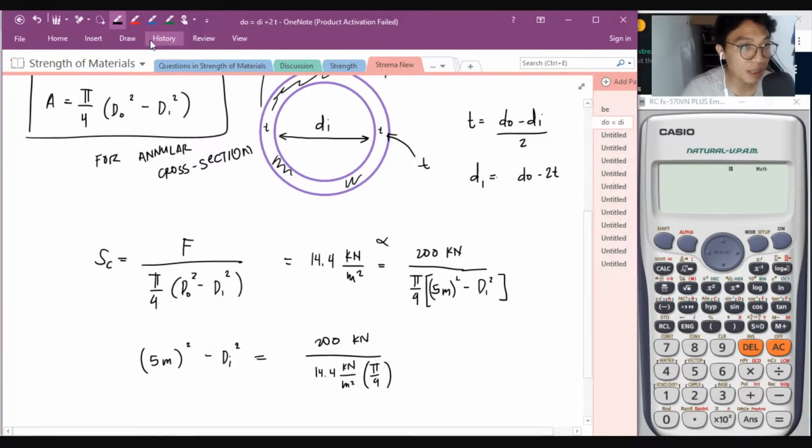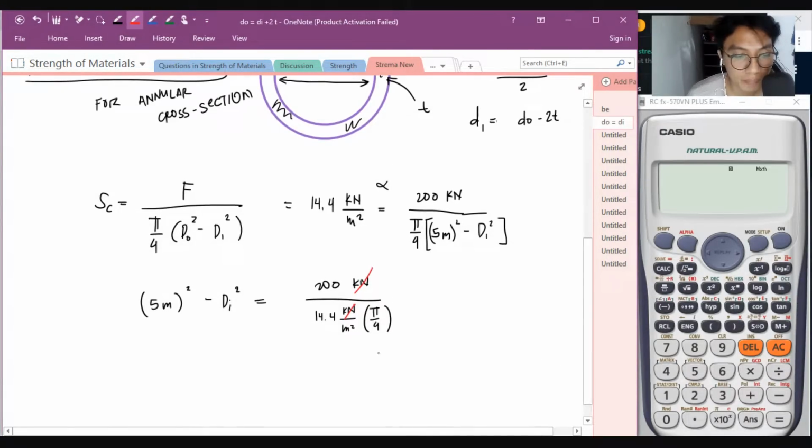We cancel all the same units. The kilonewton is cancelled, so we can simplify this. So, 5 meters squared is 25 meters squared minus di squared equals 200 divided by 14.4 multiplied by 4 over pi. Why? Take the reciprocal of this. What is the answer here? Meter squared.